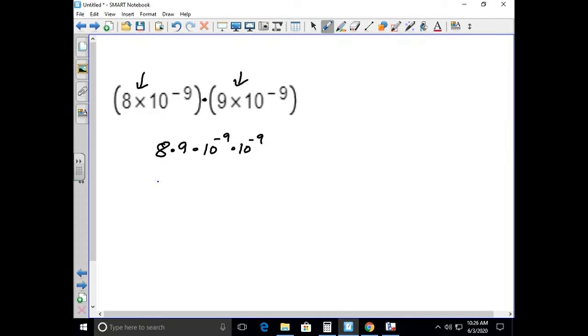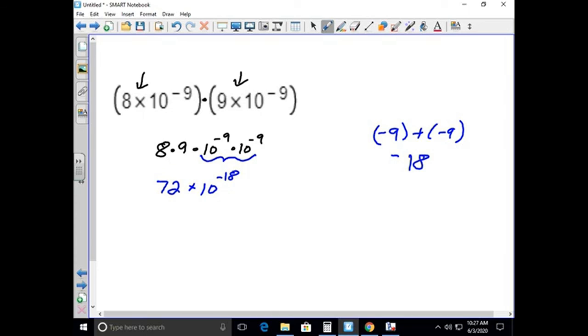So 8 times 9 is 72, and to multiply those together, those have the same base, so we add the exponents. Negative 9 plus negative 9. Our signs are the same, so we add the digits, keep the sign of the bigger, so that's 10 to the negative 18. Well, that was simple enough, but that's not yet in scientific notation.